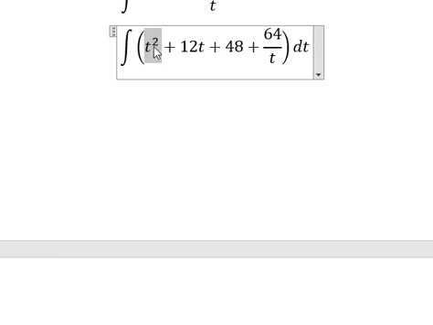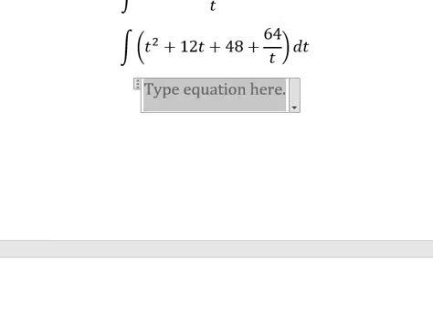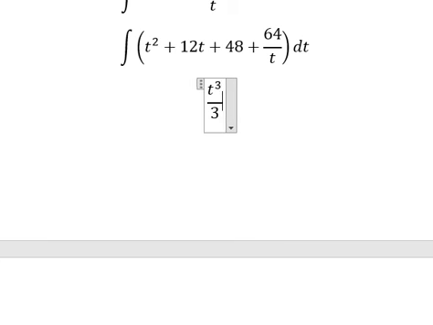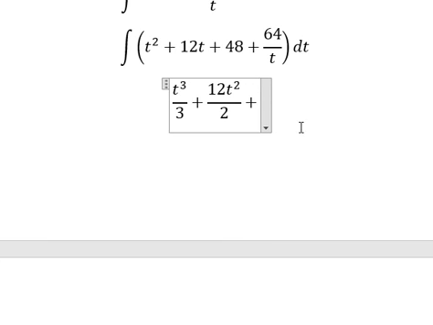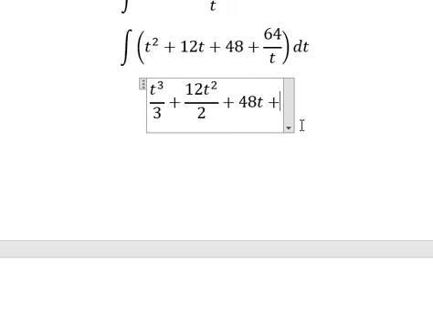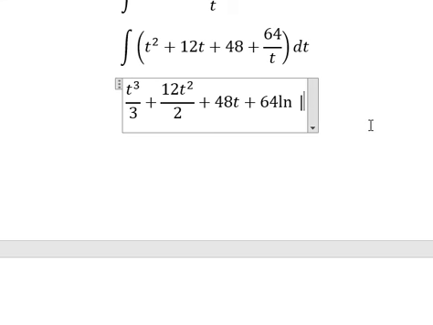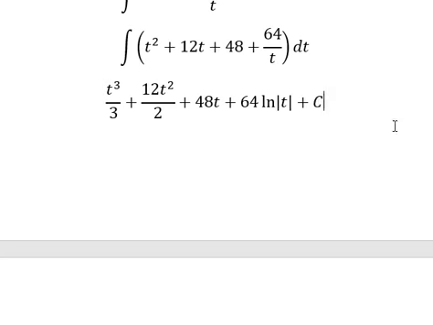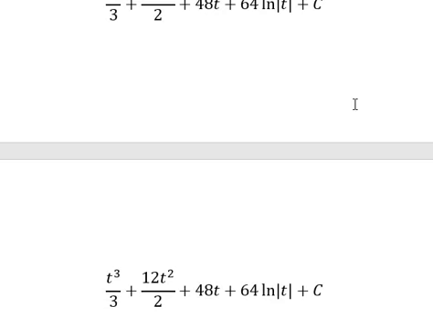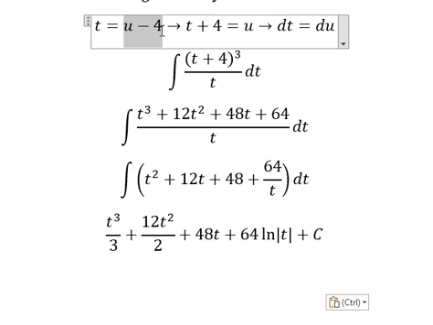The integration of t squared, we have t to the power of 3 over 3. This one we have 12t squared over 2. This one we have 48t. This one we have 64 ln of the absolute value of t. And I will put c. About t, that is u minus 4.